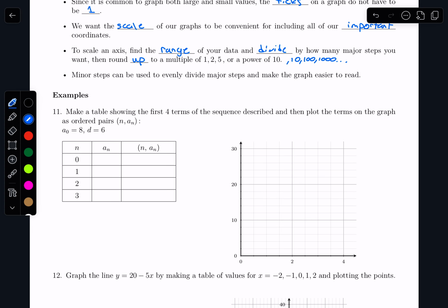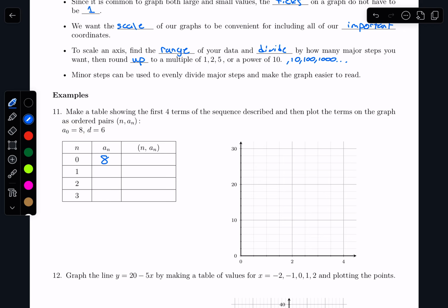So number 11 says, make a table showing the first 4 terms of the sequence described, and then plot the terms on the graph as ordered pairs, n comma a sub n. So we are given that a naught is 8, and the common difference d is 6. So when I fill in this table, where it says n equals 0, a sub n is 8, because that is my initial term right here.